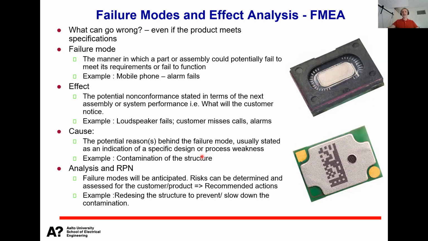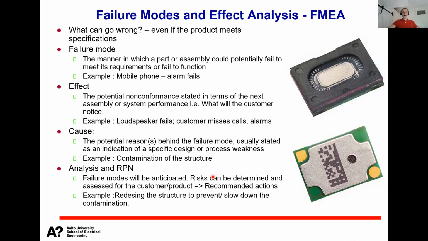But now if we think that contamination was the problem, so this hole was blocked, or even more severe, some contamination had entered inside the component and accumulated on the membrane itself, then you should do something for that.